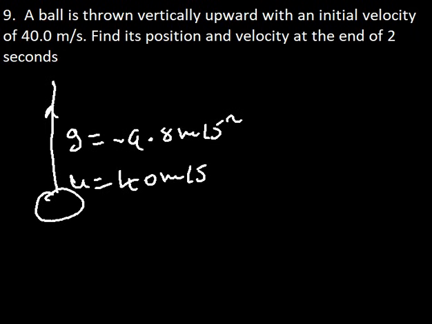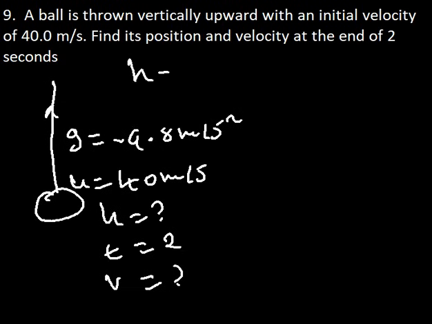So we need to have the height obtained when the time is 2 seconds. And we should also have the velocity at the same point. In order to have the position as the object is moving upwards, we use the displacement formula, which is height is equal to ut, and for this case minus half gt squared.